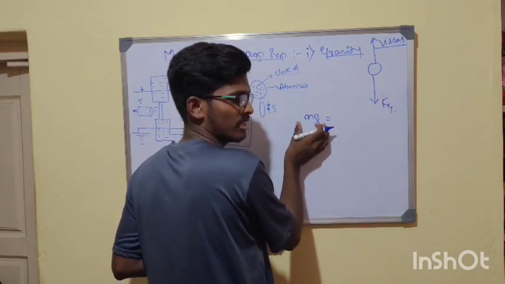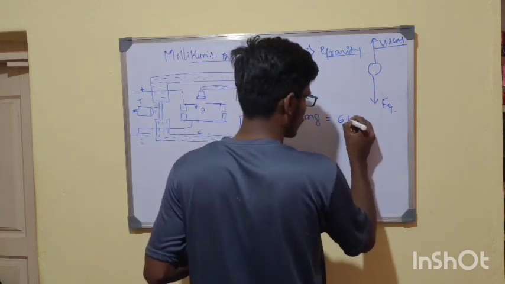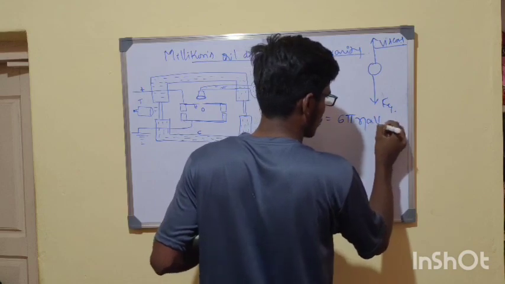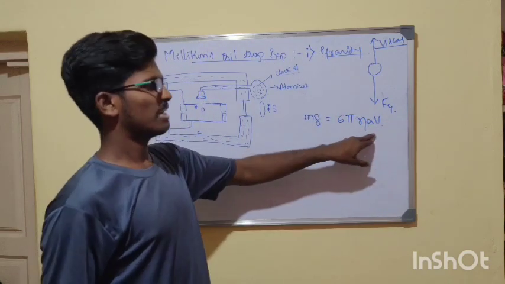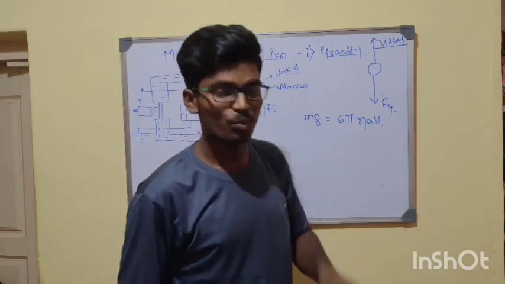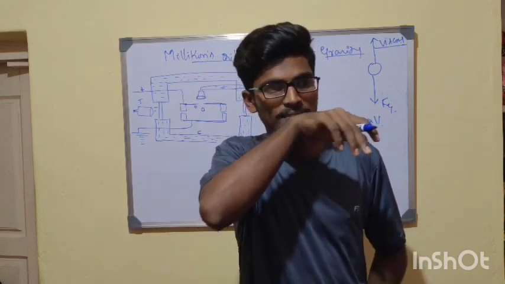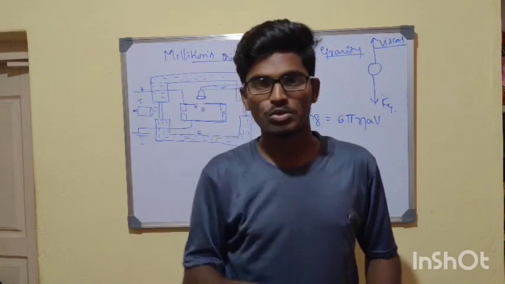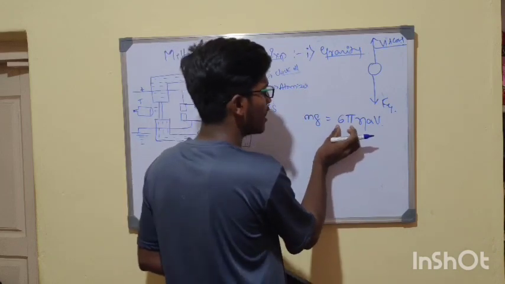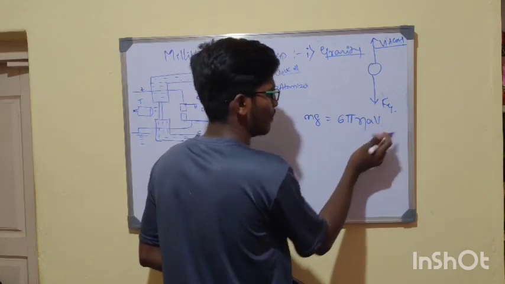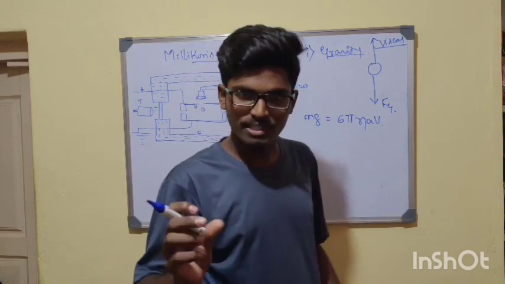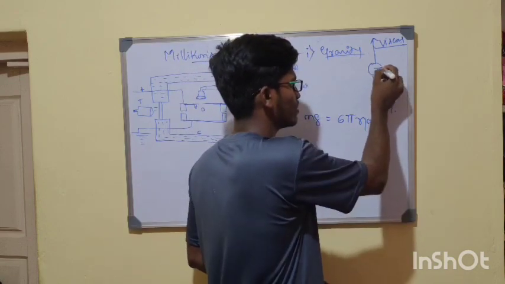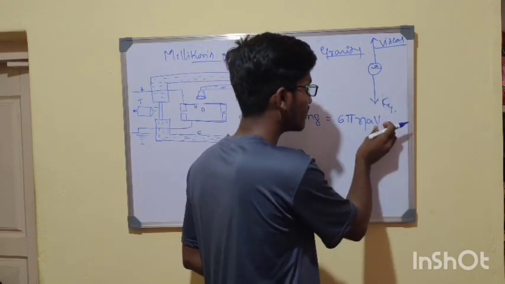Whenever this mg, that is gravitational force, becomes equal to the viscous force, of course, this is an equation which you derive by using Stokes' law. That means, what is the force acting on a particle in a viscous medium? By using Stokes' law, we can give an equation 6 pi eta av, where eta is the coefficient of viscosity, a is the radius of this oil droplet in this case, and v is what?